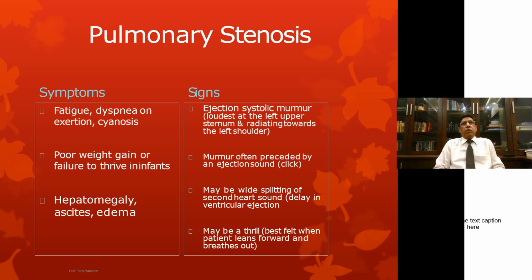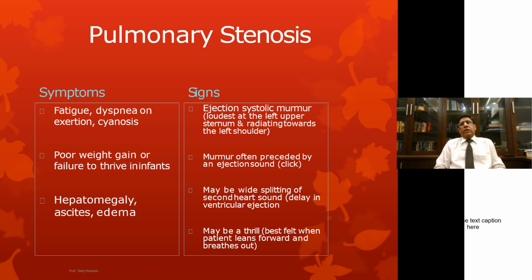Since it's more commonly seen since early childhood or birth, there would be poor weight gain, there may be failure to thrive in the infants, and again, the pulmonary stenosis would put its pressure onto the right ventricle, which would hypertrophy and then dilate, and then, of course, all the back pressure manifestations in the form of ascites and edema would occur.